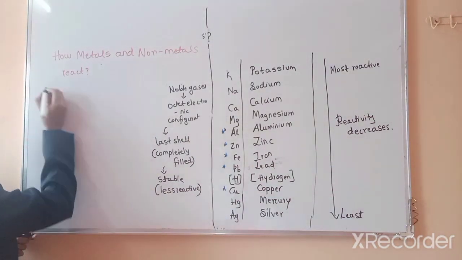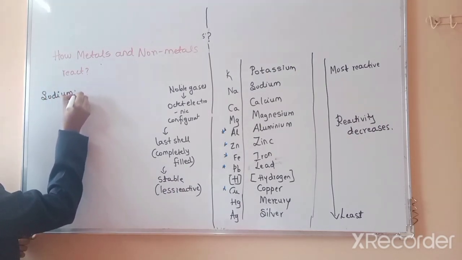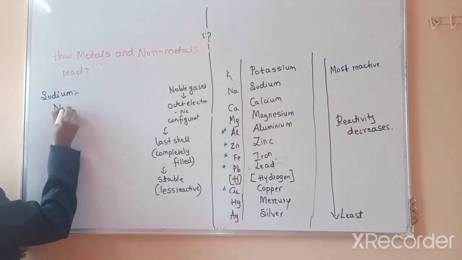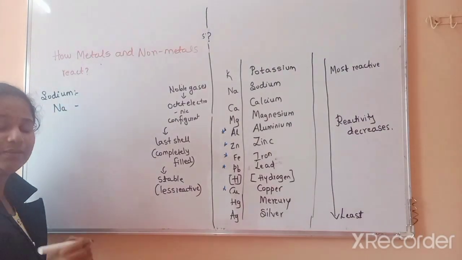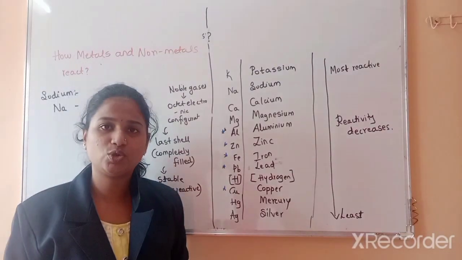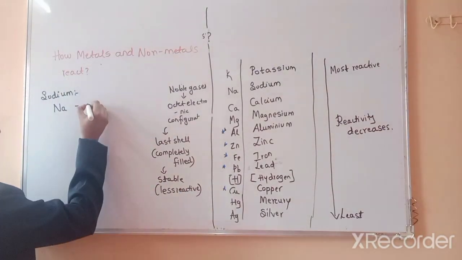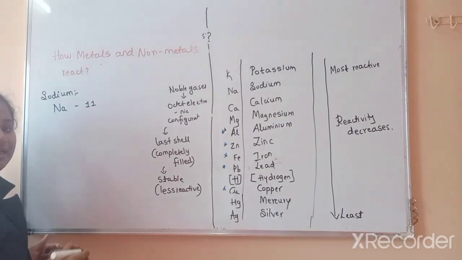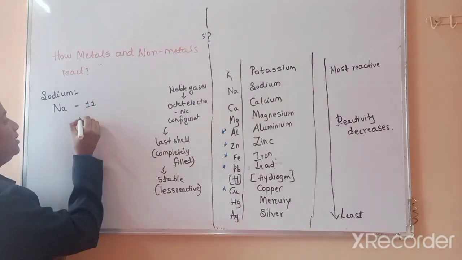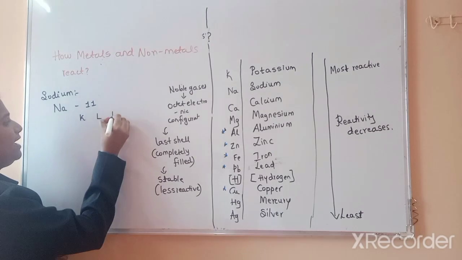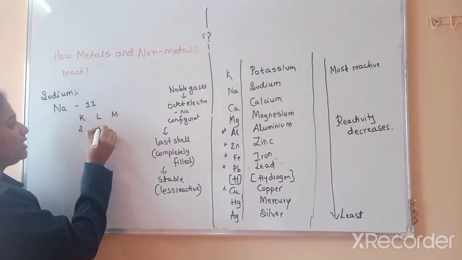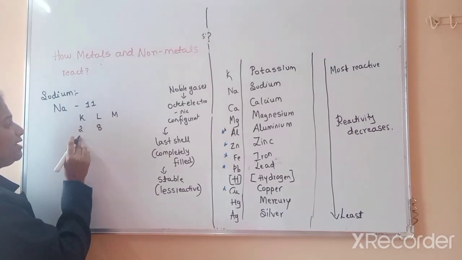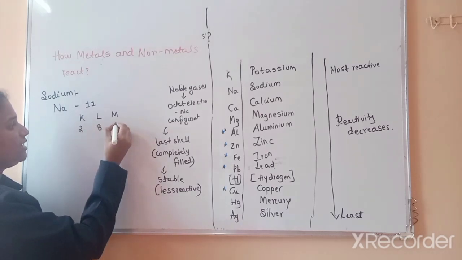Let me consider sodium. Its symbol is Na, and its atomic number is 11. How will we write its electronic configuration? In K, a maximum of 2 electrons will be filled. L can take 8 electrons, 8 plus 2 is 10, and M takes 1.